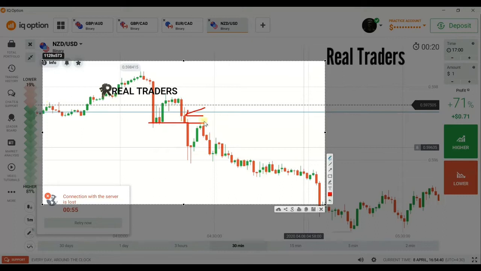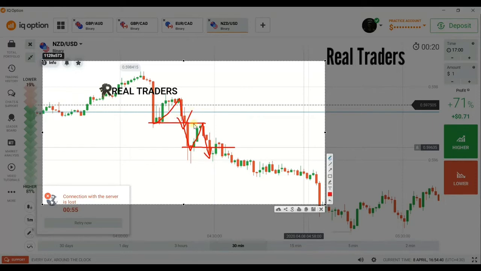So you can see even if the market closes at the level, it breaks the level because the market is moving like this, so it doesn't respect the previous support level. You can see here also it didn't respect the previous support level, it broke the level. So when the market is moving on this pattern, there is more possibility to break the previous support level.